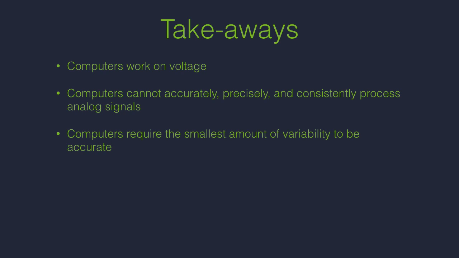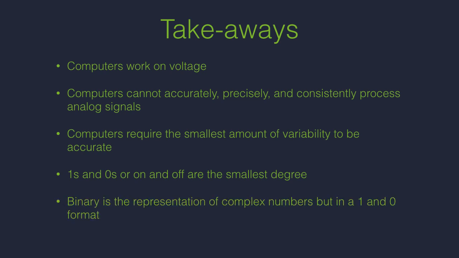Computers require the smallest amount of variability to be accurate. When I mean small, I mean really small. We're going to get into that later too, so that you can see what I'm talking about there when we start to get into real numbers, floating point, and so on. Ones and zeros, or on and off, are the smallest degree, that smallest unit that we want to deal with. And binary is just a representation of complex numbers.